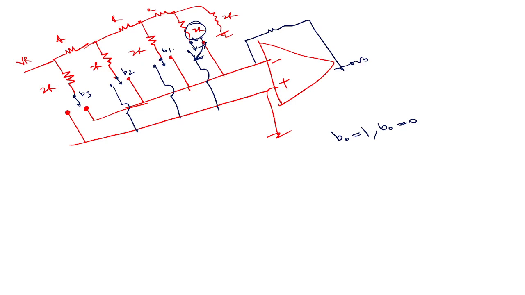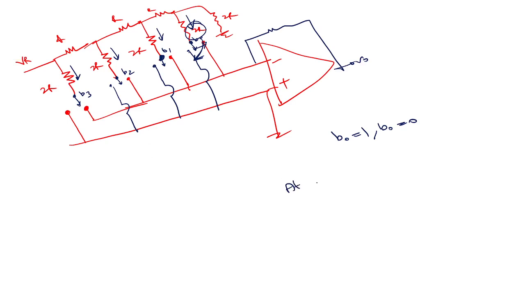At any given point of time, these currents will remain always the same. There is no change in the current. Why? Look at this node. Either this other end is connected to the virtual ground or to the physical ground, so the potential always remains the same at this end. And this end potential will remain the same because VR will remain the same. Are you getting it? This is the beauty of this.